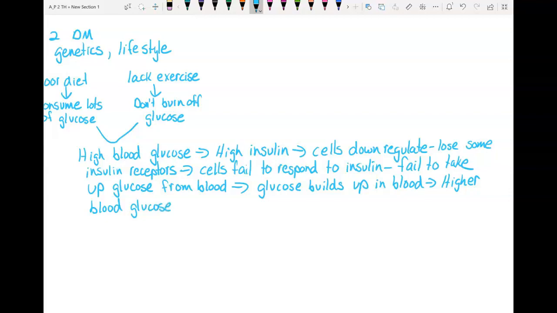Well, if your blood glucose is even higher, that means your insulin is going to be higher. What do you think cells are going to do in response to even higher insulin? They're going to downregulate again.